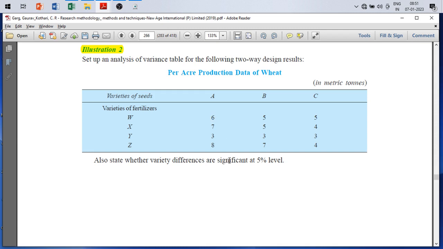Okay, so now in this case, because there are two factors, unlike one-way ANOVA where you had only one factor. So we were saying our categories in the previous example were like seed A, seed B, seed C. Okay, they were these columns. Now we can say our variety is like seed A, seed B, seed C. So these columns, and also these rows, fertilizer W, fertilizer X, fertilizer Y, fertilizer Z. Okay.